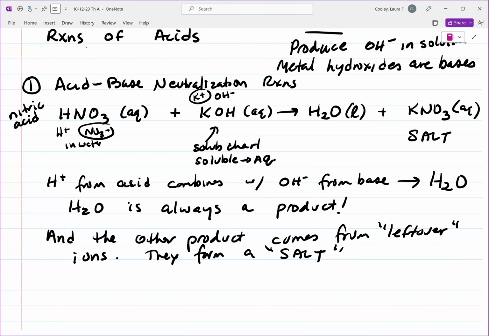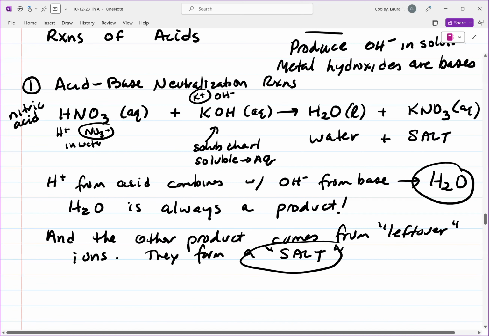It's not sodium chloride, but it's another salt. There's many, many salts. So the products of an acid-base neutralization reaction are water and a salt. And by definition, a salt is an ionic compound that's produced from an acid-base neutralization reaction. So that's what chemists call a salt.